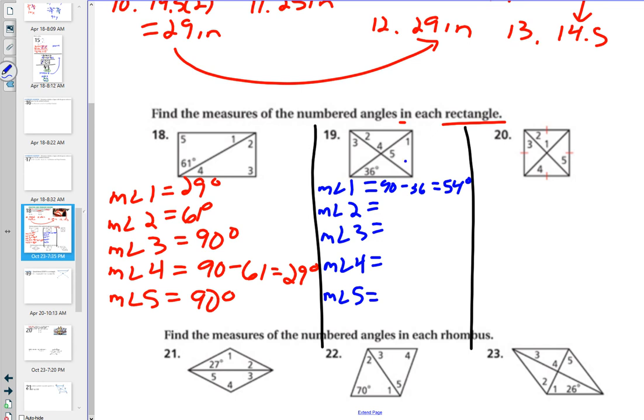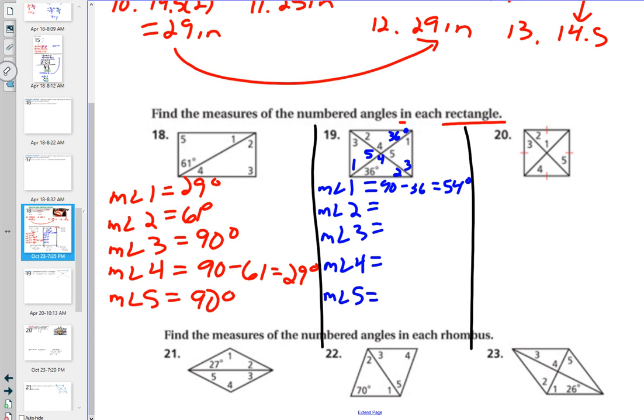This is going to be the same as angle 3 because they're alternate interior. This is going to be the same as angle 1 because they're alternate interior. This is going to be the same as angle 2 because they're alternate interior. This is the same as 4 because they're vertical. This is the same as 5 because they're vertical. This is 36 because they're alternate interior, 36 degrees.